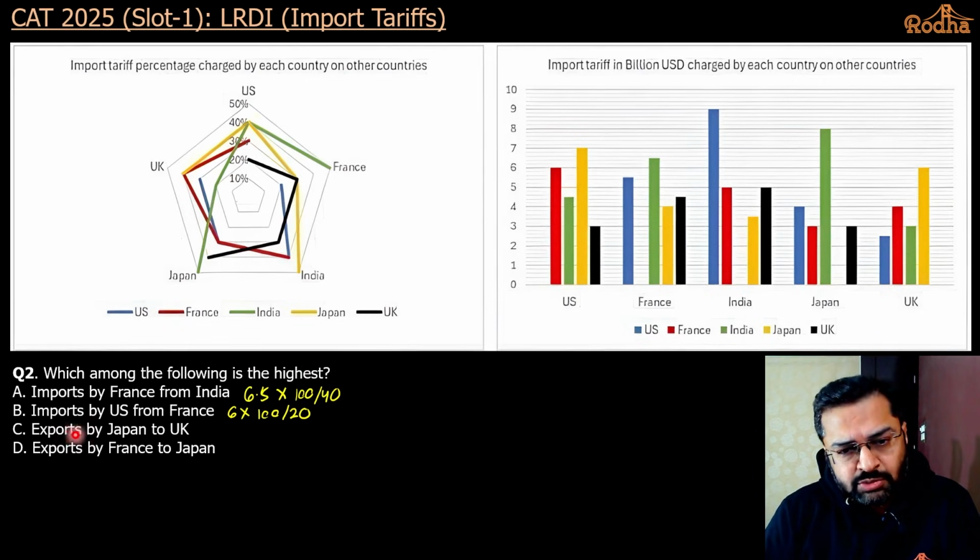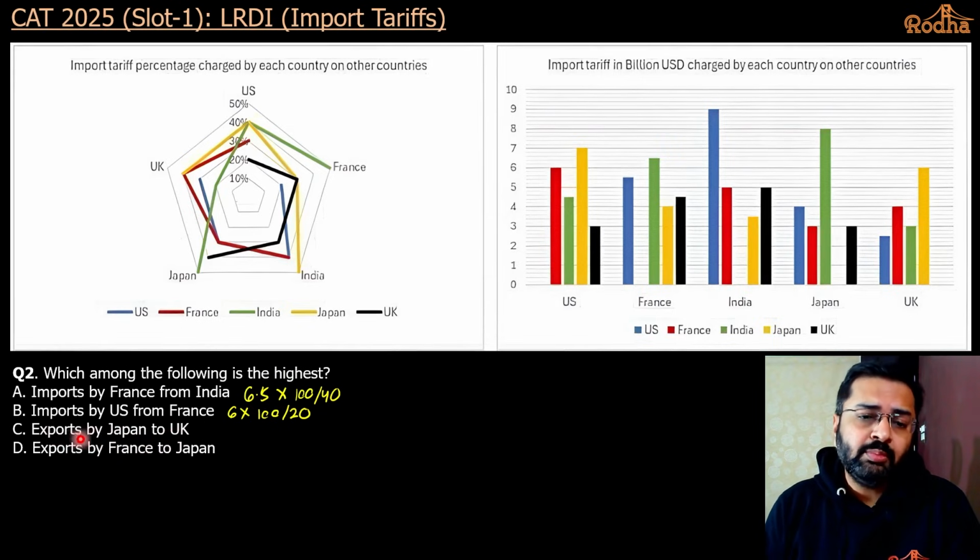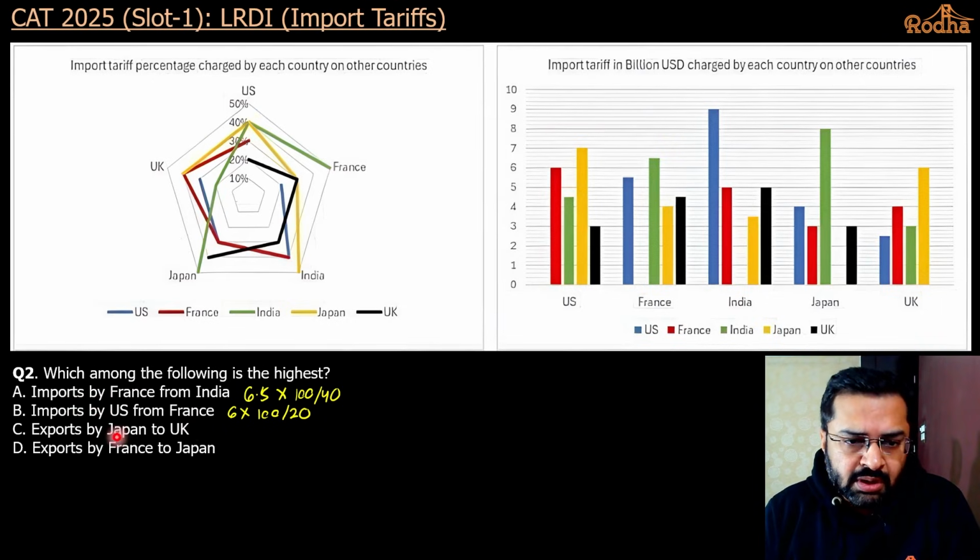Anyway, exports by Japan to UK. Now I'll not read it like this. I would just think of it as imports by UK. The way these first two options are written, imports by UK from Japan, because everything is given in terms of imports only. So imports by UK from Japan. So where is UK? UK is this. From Japan, Japan is this yellow one.